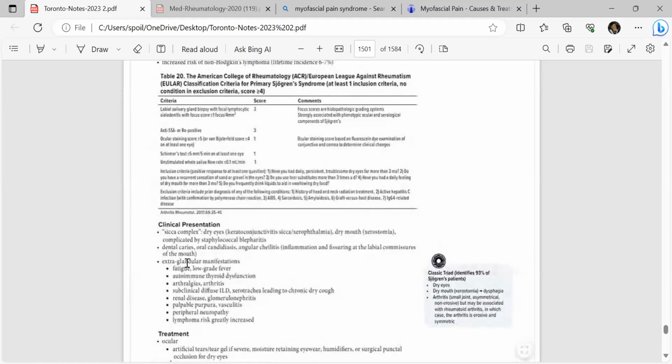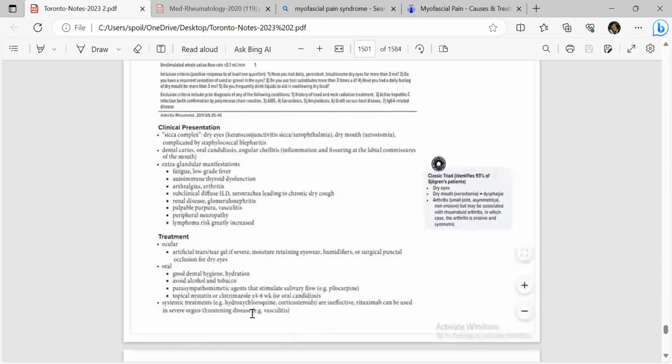Okay, firstly, dry eyes, dry mouth, blepharitis, dental caries, oral candidiasis, angular cheilitis, fever, fatigue. Okay, thyroid dysfunction, arthritis, dry cough, renal disease, glomerulonephritis, peripheral neuropathy, and the risk of lymphoma is greatly increased.